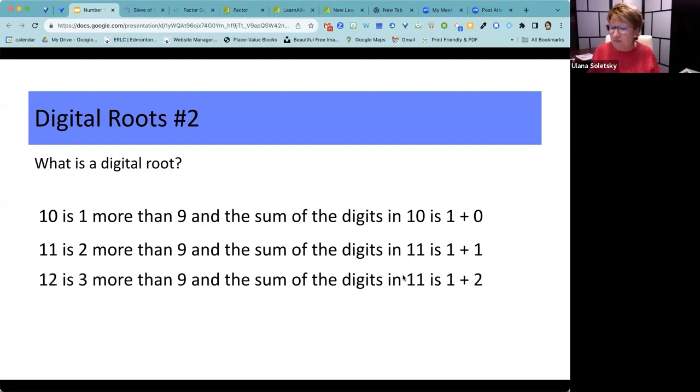So 12: the digits in 12 are 1 plus 2, so it's 3. And there is a pattern. Do you see that pattern? You remove the groups of 9, and whatever you're left with is the digital root. But there's a really easy way to find the digital root: you just add the digits in the number, the sum of the digits.